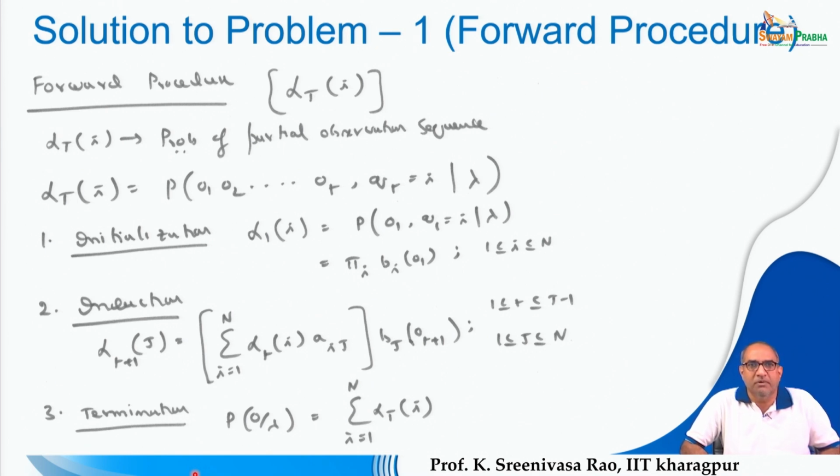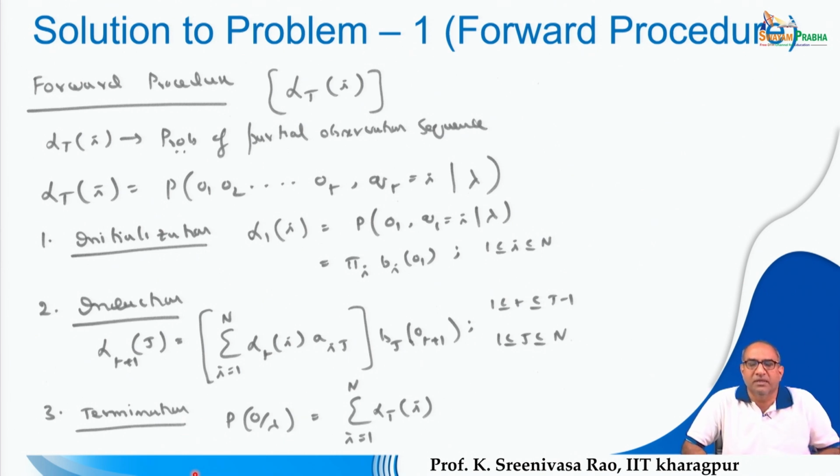In the last class we tried to solve the first problem using a direct method. It was observed that with the direct method the number of computations involved is very huge. That depends on N to the power T, because at each instant we have N possible states. If the observation sequence length is capital T, the number of possible state sequences will be N to the power T, and for each state sequence the number of computations involved is 2T.